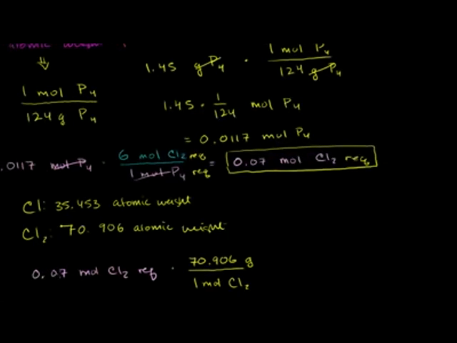We have 0.07 moles. So we'll multiply 0.07 times 70.906 to figure out how many grams we have. And the units cancel out. We have moles of chlorine gas over moles of chlorine gas, and we're just going to have grams required.